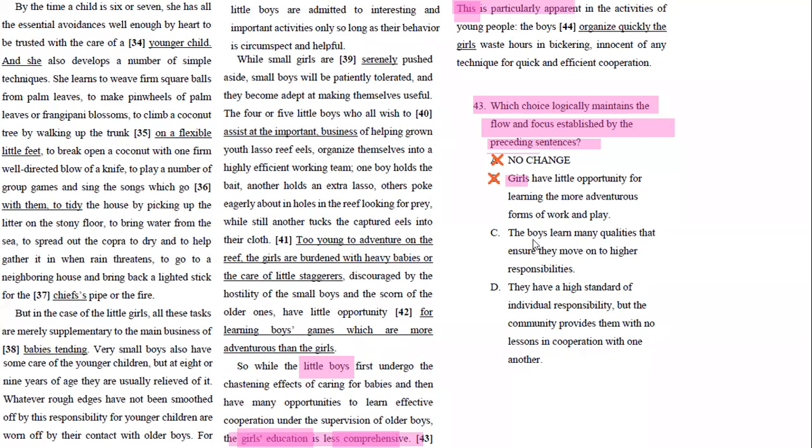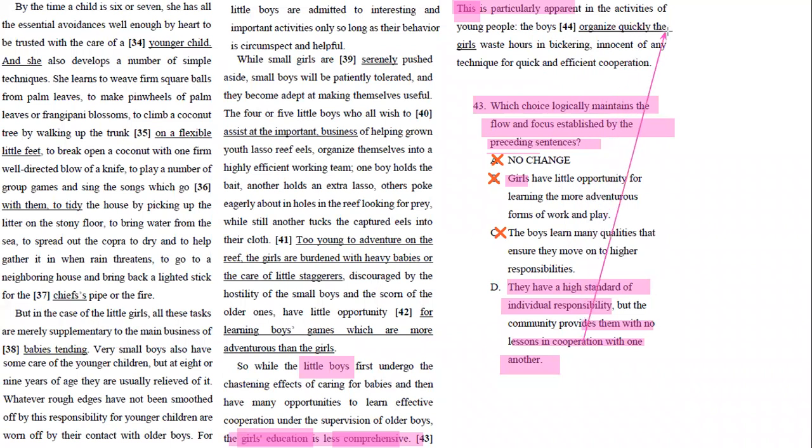Here it says the boys learn many qualities that ensure they move on to higher responsibilities. Again, you're just talking about the boys. Here it says they have a high standard of individual responsibility. Who? The girls. But the community provides the girls with no lessons in cooperation with one another. This is going to talk about what comes afterwards.